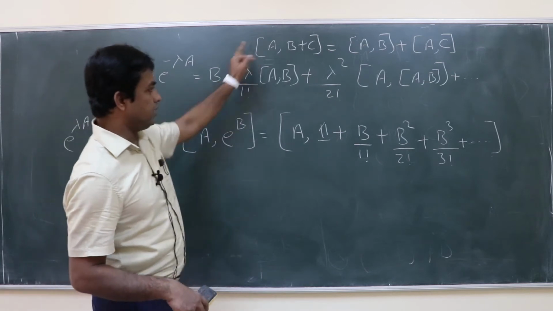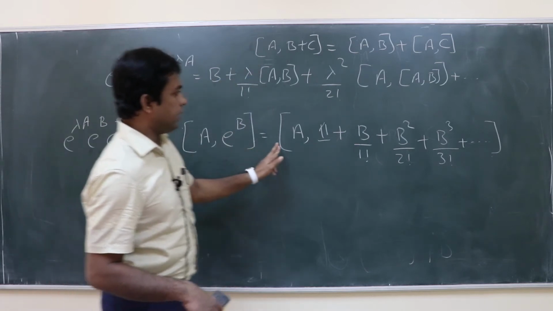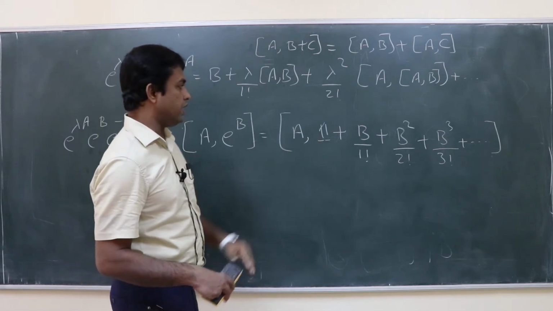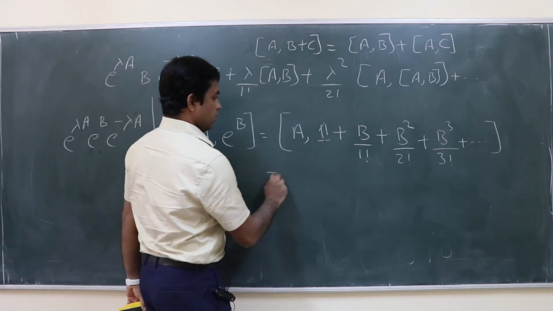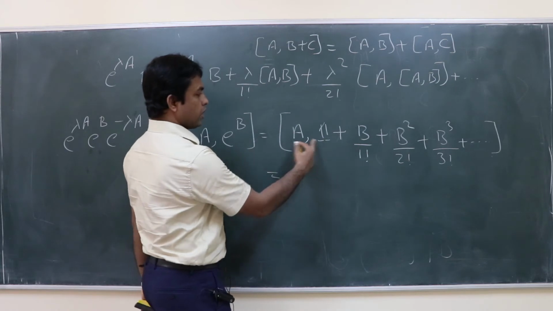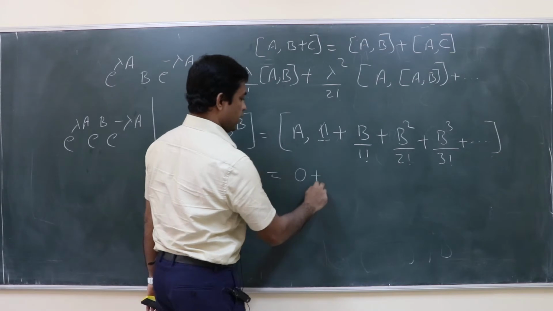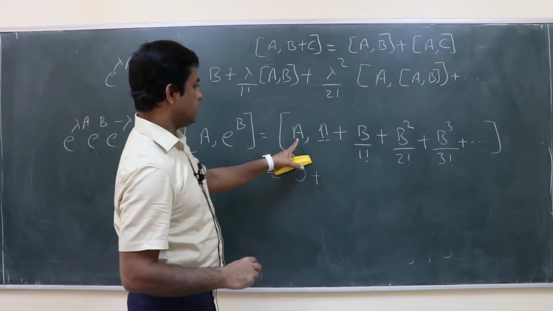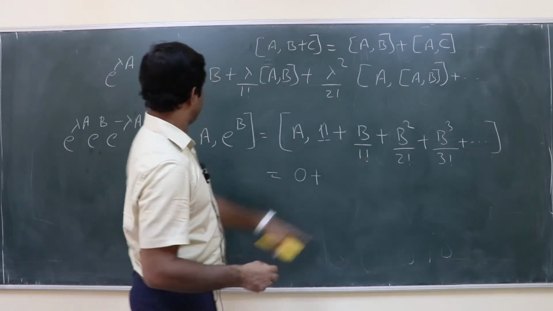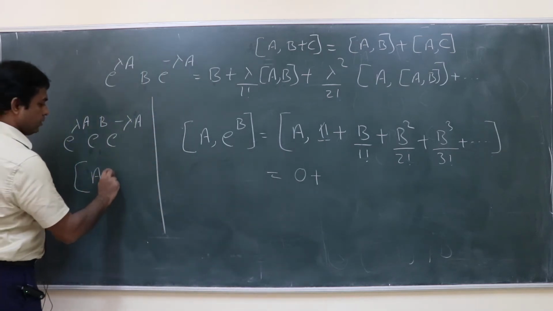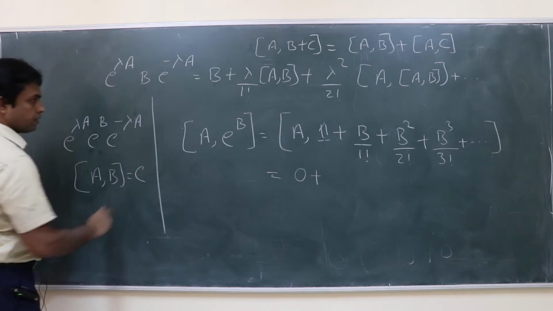So you can apply this. The commutator of a with I, the identity operator, will be 0. The first term is 0, plus next is a commutator with b. It is given that the commutator of a with b is c.